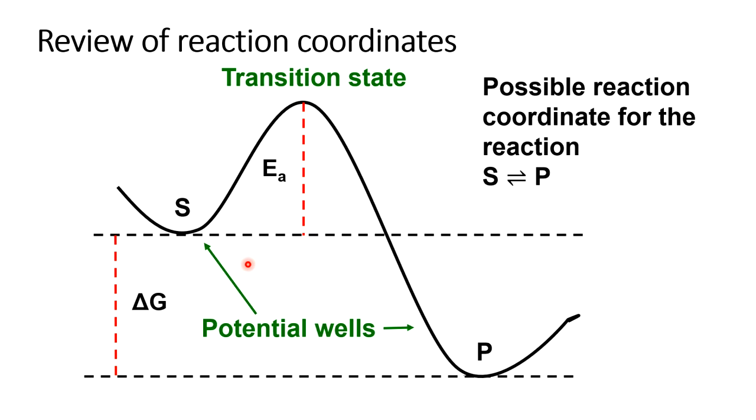The higher the activation energy is, in general, the slower the reaction will be, because it takes more energy to overcome that transition state energy or the activation energy. The lower this activation energy is, the faster the reaction goes.